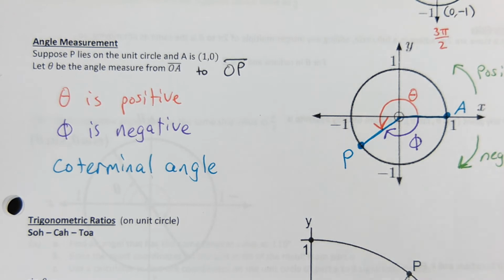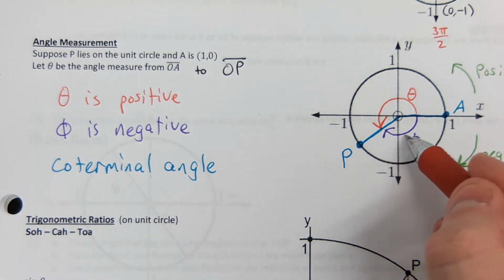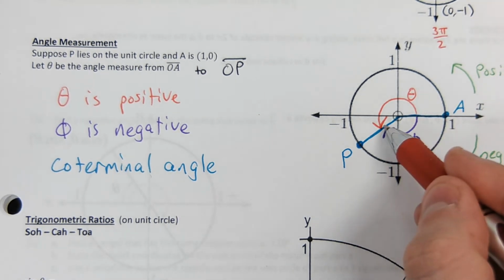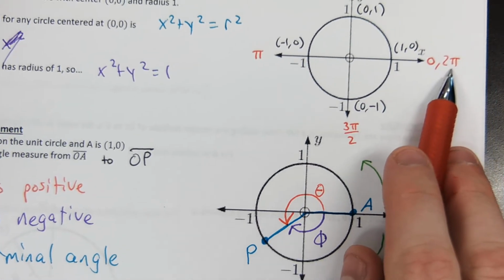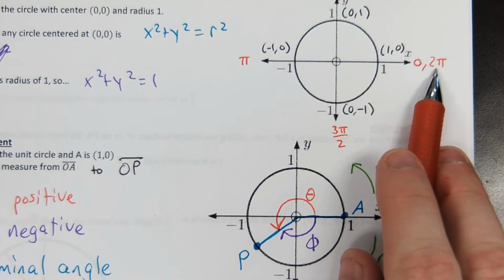Because if I allowed theta to keep going one more full circle, it would still land in the exact same spot. So turning 360 degrees, which means going 2 pi, is essentially the same as going nowhere. Because adding 2 pi is like adding 0, because 0 and 2 pi radians are in the exact same spot.